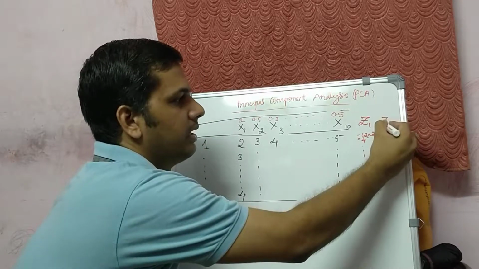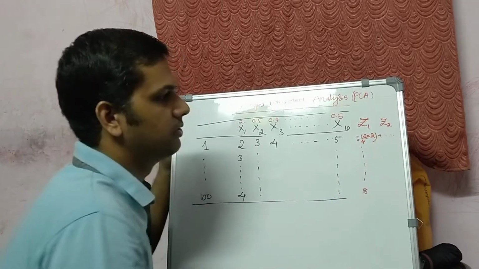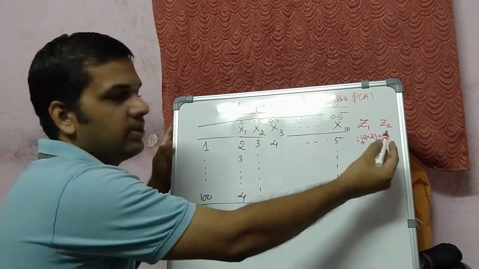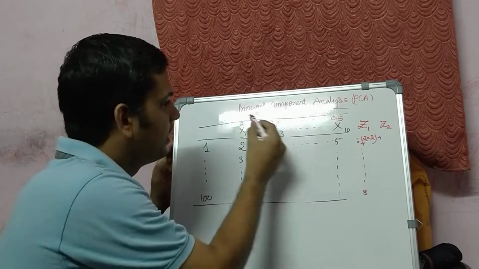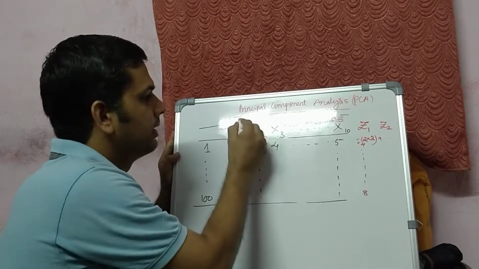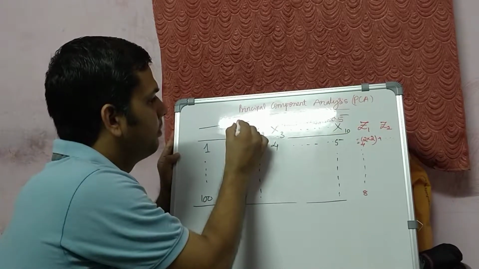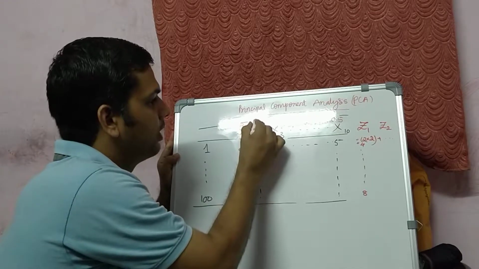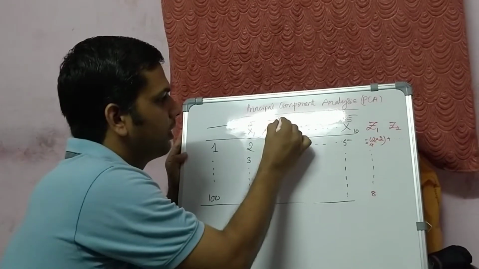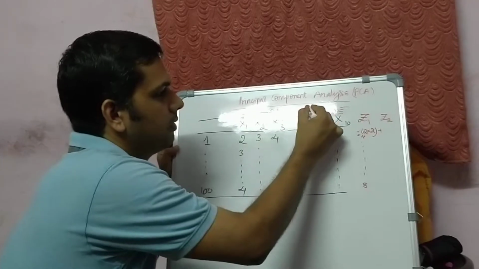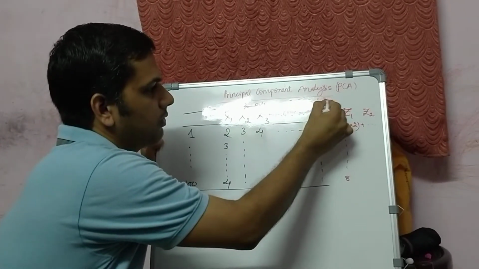Similarly for the second principal component Z2, it again gives factor loadings in a similar way, but the values may be different. In this case, let's say this is 0.1, this is 0.8, this is 0.4, this is 1.2.